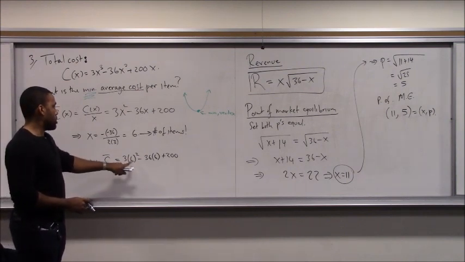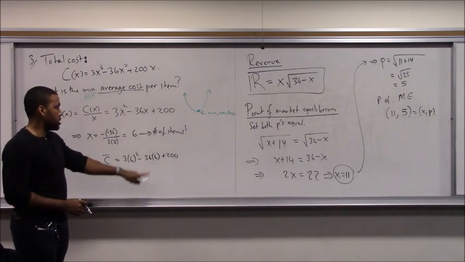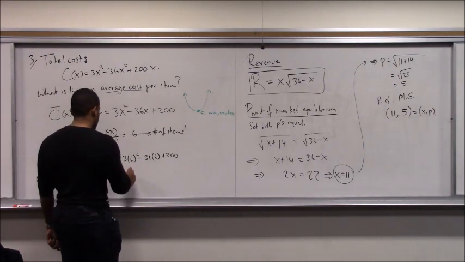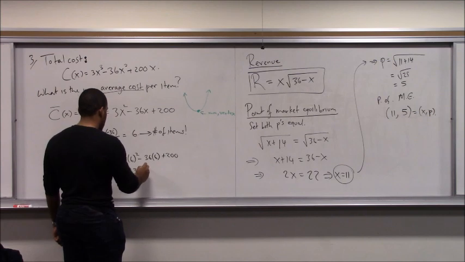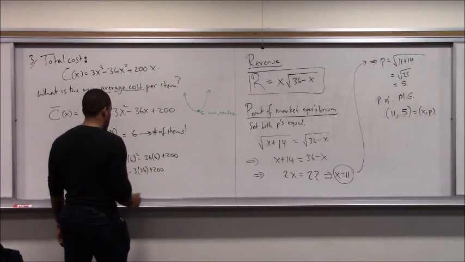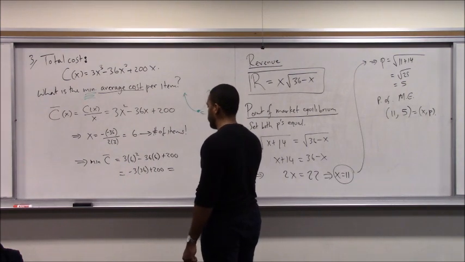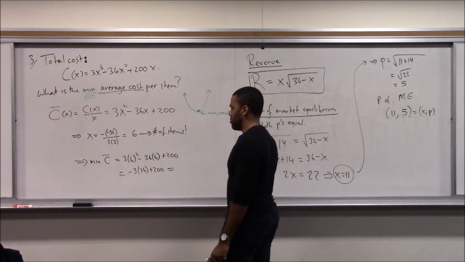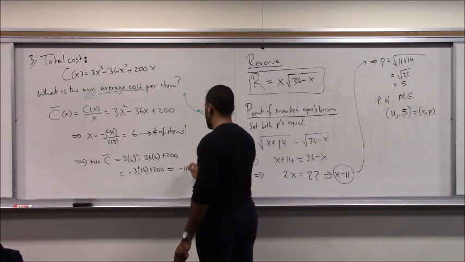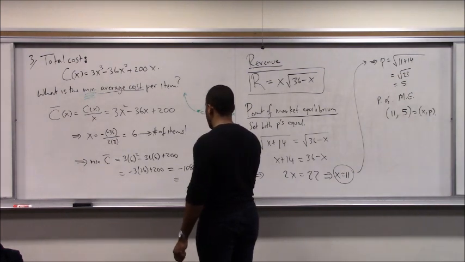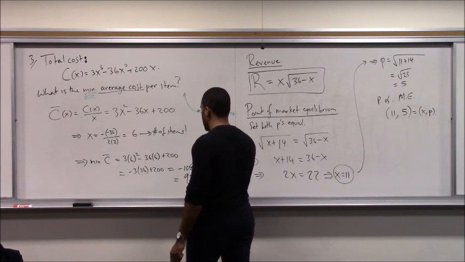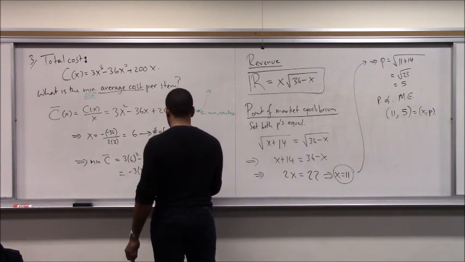So I have 3 36s minus 6 36s, so I have minus 3 36s plus 200. And what's 3 times 36? Is that 108? Yeah. This is minus 108 plus 200. 92. So that would be the answer.